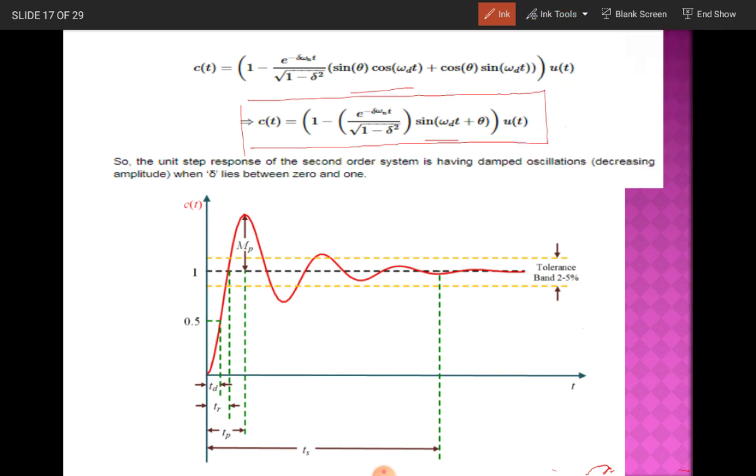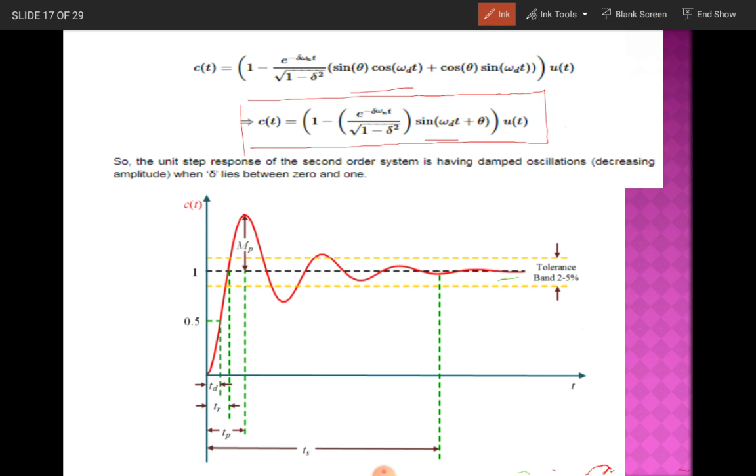So in this graph, the output c of t increases and reaches the steady state value at one point initially, then it goes beyond steady state and reaches a maximum, then its value diminishes below the steady state, then after some oscillation it reaches the final steady state value.